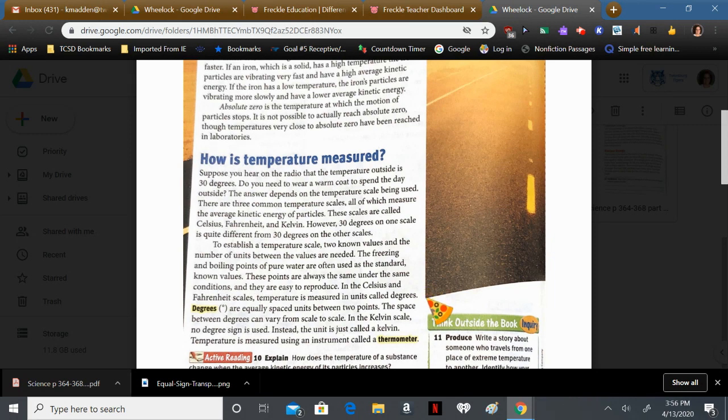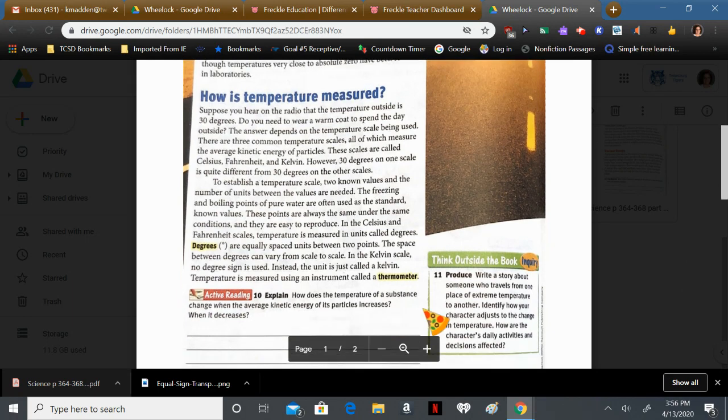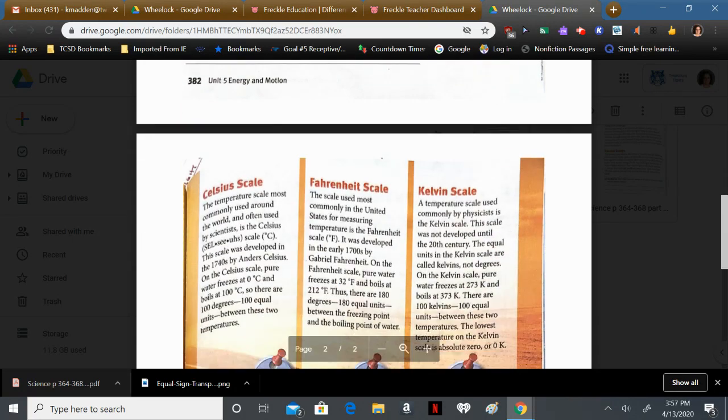In the Celsius and Fahrenheit scales, temperature is measured in units called degrees. Degrees are equally spaced units between 2 points. The space between degrees can vary from scale to scale. In the Kelvin scale, no degree sign is used. Instead, the unit is just called a Kelvin. Temperature is measured using an instrument called a thermometer.